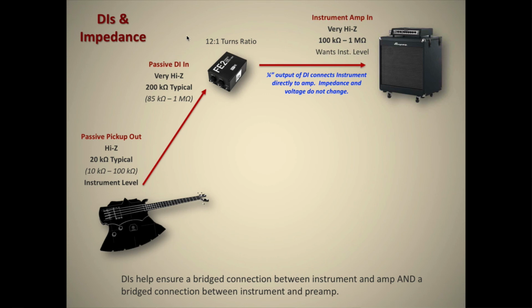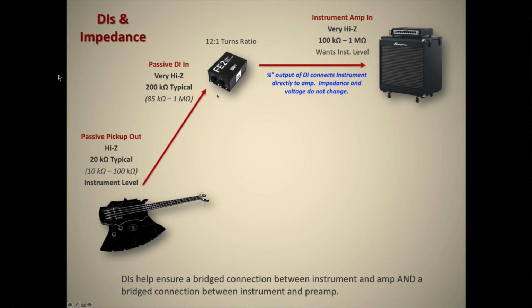So the bass really sees the Ampeg bass amp directly because it's just going out of the 1/4-inch jack, and that signal is reflected to the bass. The amp is somewhere between 100,000 ohms to 1 megohm. So 20,000 to 200,000 ohms would be 1 to 10, a 1 to 10 kind of bridged relationship.